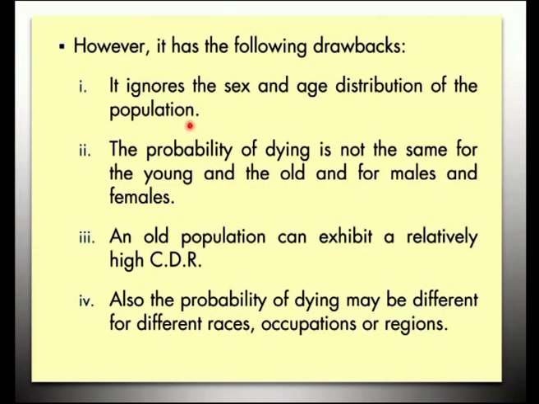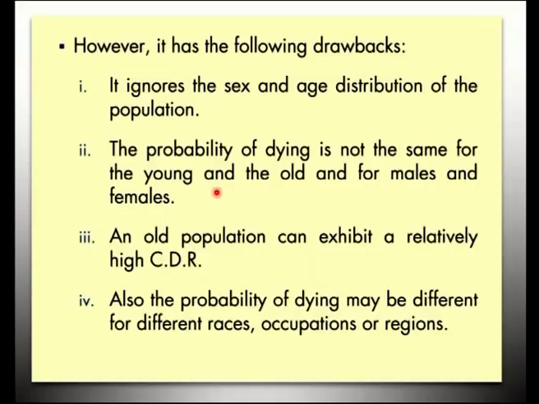Actually, it ignores the sex and age distribution of the population, same as in CBR, and the probability of dying is not the same for the young and the old, and for males and females. We cannot expect the same kind of death with males as with females, or the same kind of death with the young and the old.